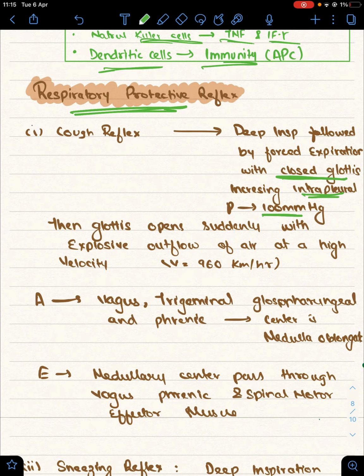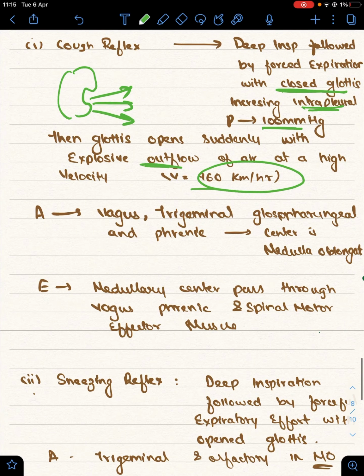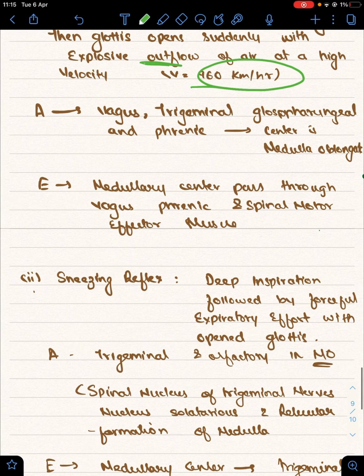After that, the glottis suddenly opens, which creates an explosive outflow, and the velocity can be about, not every time, 960 kilometers per hour.